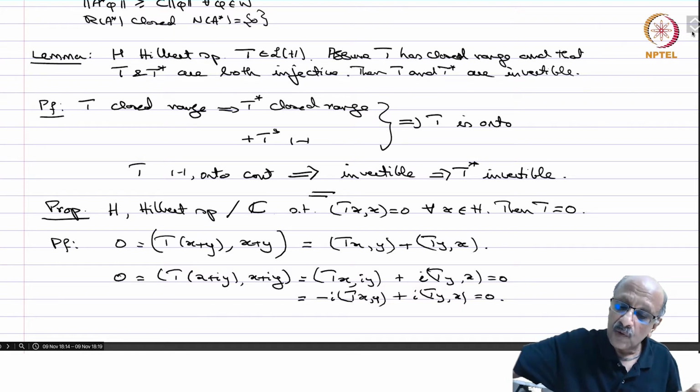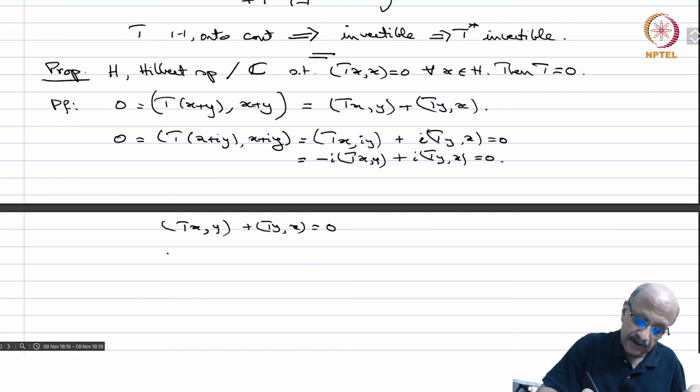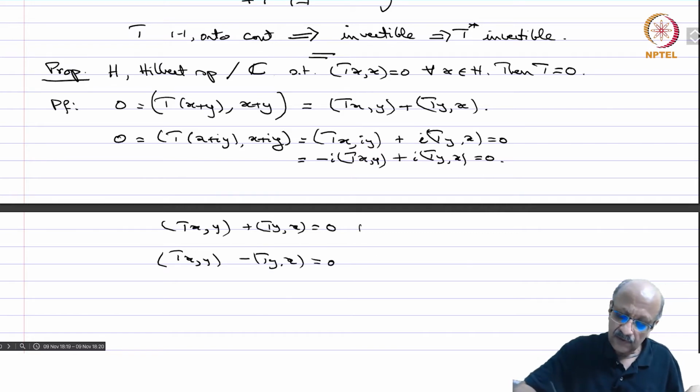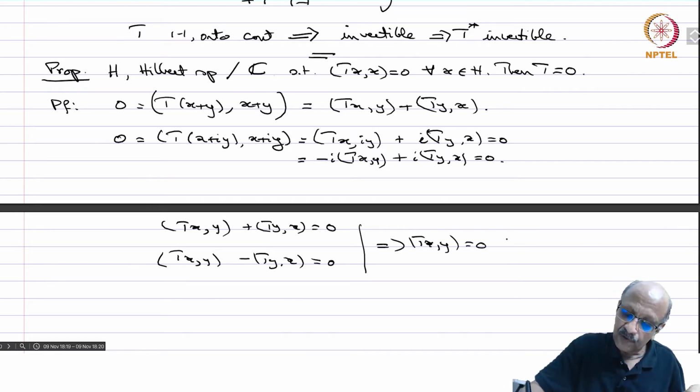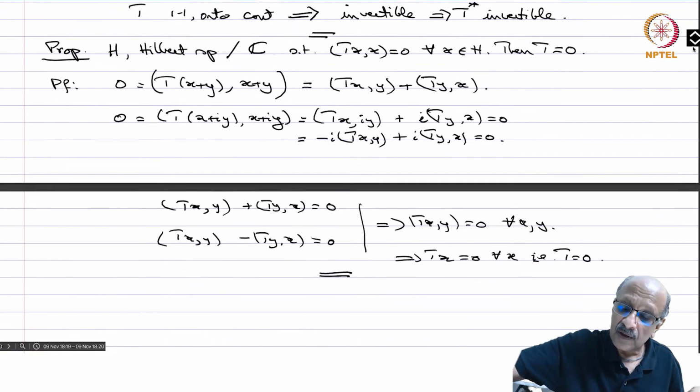So from these two you get that <Tx,y> plus <Ty,x> equal to 0 and <Tx,y> minus <Ty,x> equal to 0, and therefore this implies that <Tx,y> equal to 0 for all x and y, and this implies that Tx equal to 0 for all x, that is T is 0. So the complex is important in this particular result.